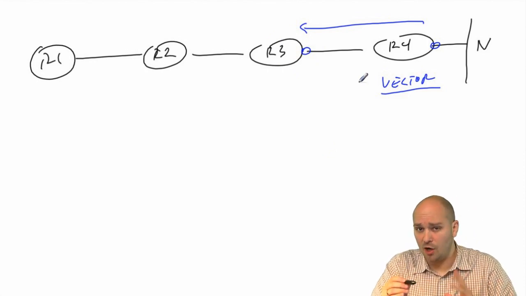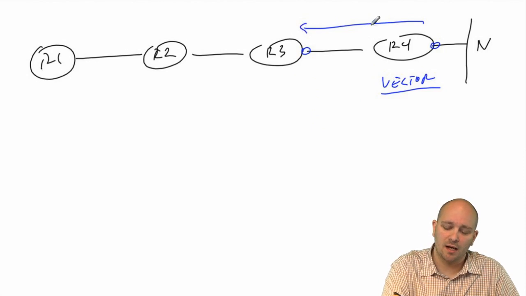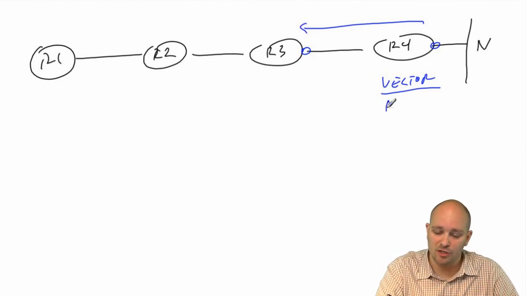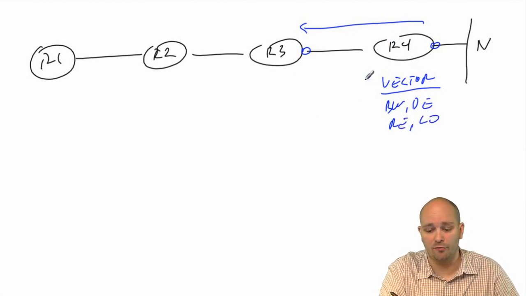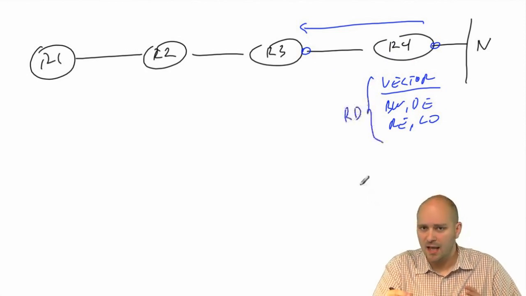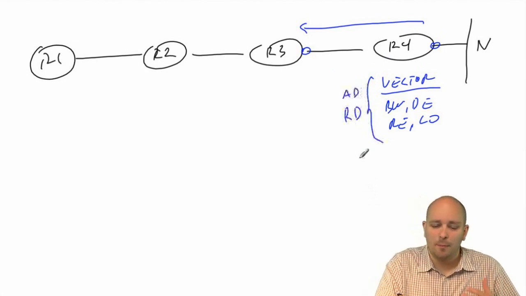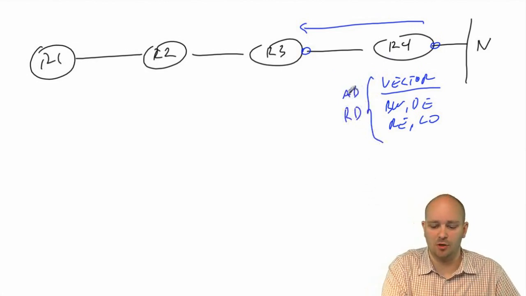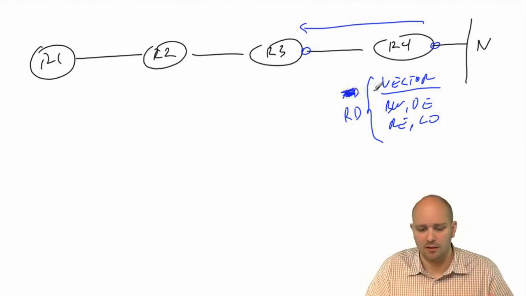Now, before R3 does that, it is actually going to take these values, this vector metric, the bandwidth, delay, reliability, and load from this update from R4, and it's going to calculate what we call the reported distance. Now remember that this is sometimes called the advertised distance, but I prefer calling it reported distance because if I use AD, it associates me too much with administrative distance, which is a completely unrelated term.